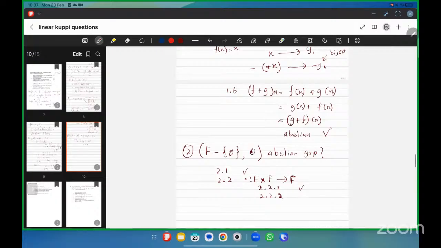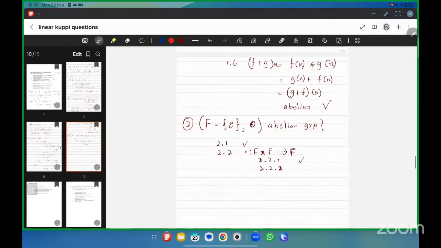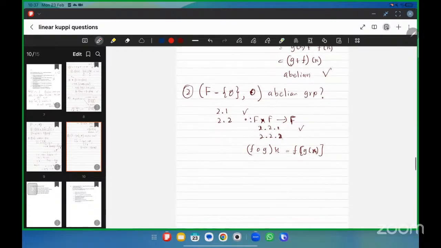Here we are considering the composition. The 2.22 is so f of gx is equal to f of gx, right? So we can write it like this.